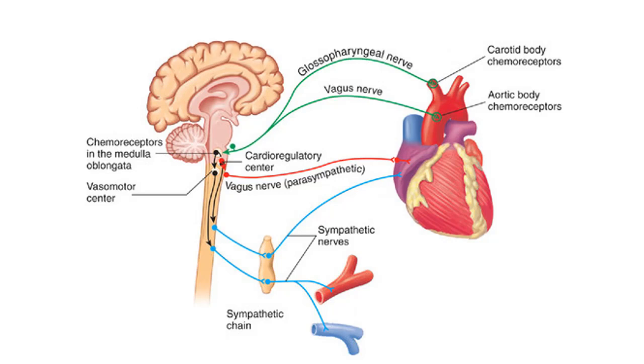Sympathetic activation increases heart rate and constricts vessels to increase blood pressure and circulation, to increase oxygen level and reduce CO2 and hydrogen level.